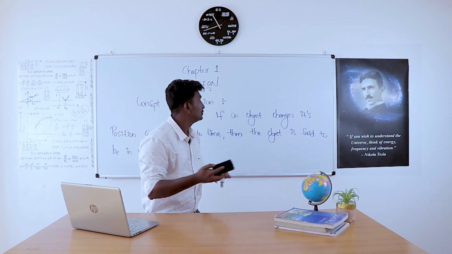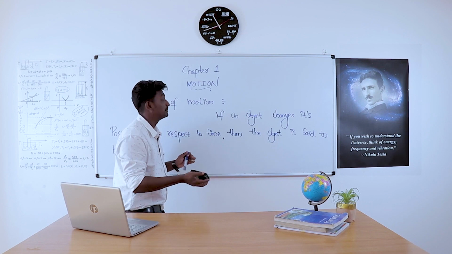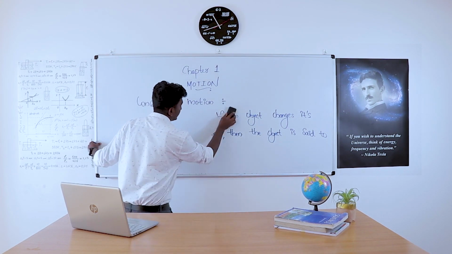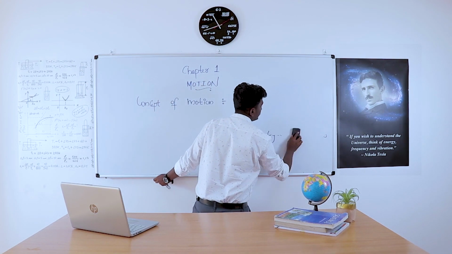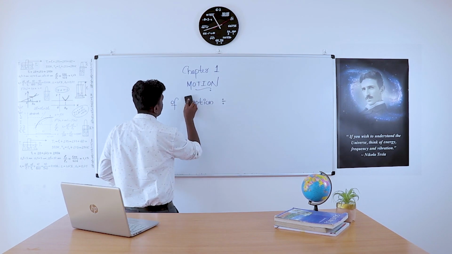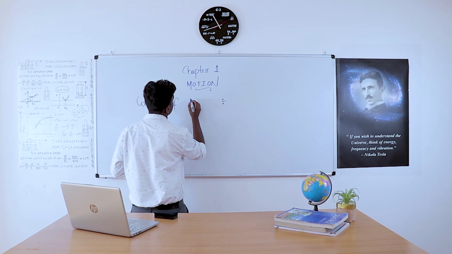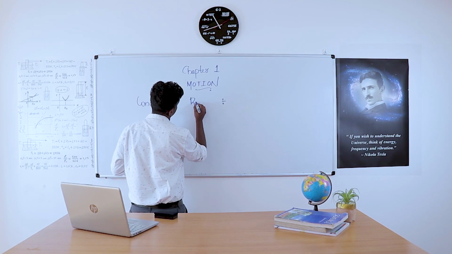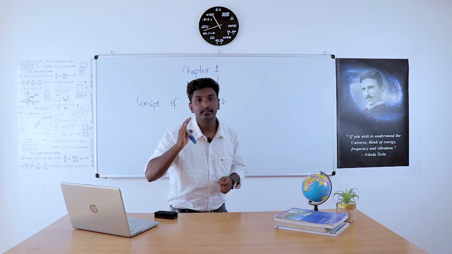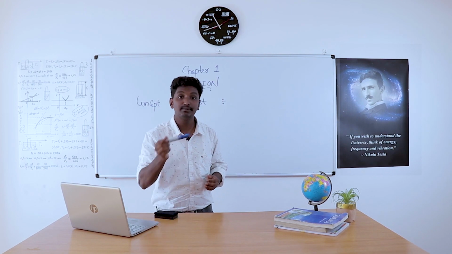Now we have to consider the concept of rest. What do you mean by the concept of rest? In motion, we are saying that the object is changing its position with respect to time.